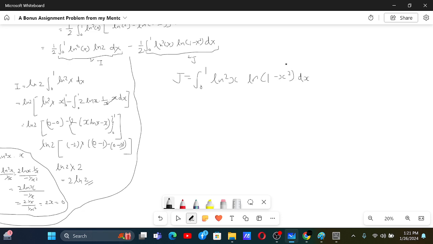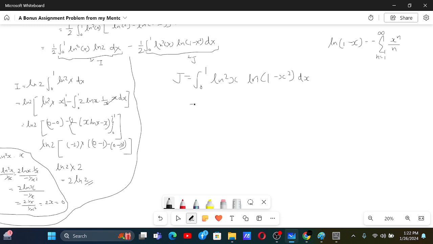Up to this point, what we can do is use the series expansion for ln of 1 minus x, which is minus the sum from n equals 1 to infinity of x to the power n by n. Let me confirm. Yeah, this is the series expansion for 1 minus x.